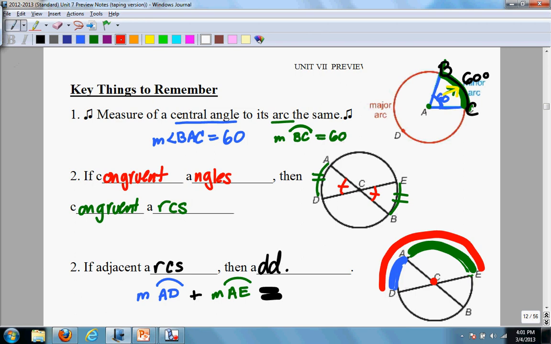It gives me the measure of arc DAE. So little arcs add up to big arcs. That's all that says. Repeat after me. Little arcs add to a bigger arc. Say it. I don't care if you're in the library, you'll say this out loud. Little arcs add up to a bigger arc. Say it.